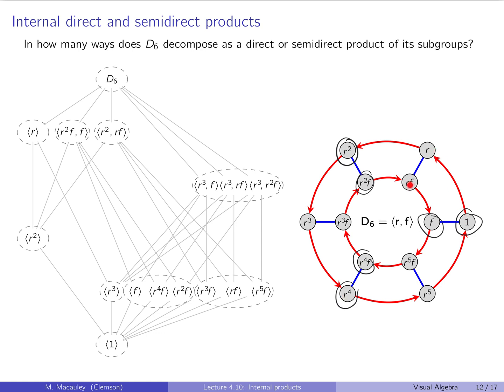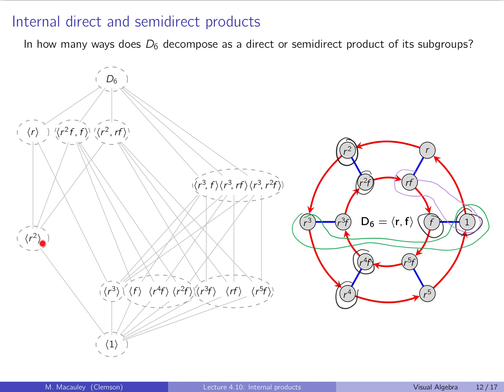There's an element of order 2, and this subgroup right here is going to intersect trivially with the D3 here. And then what else is there? If you take this other subgroup, then that also acts trivially, but this one is normal. So there's your direct product.